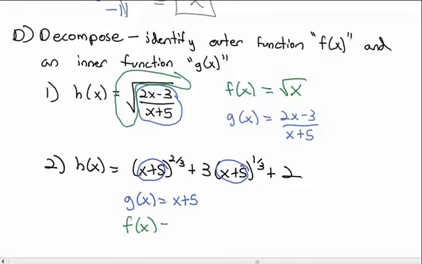F of x is the function built around it, which is the stuff raised to the 2/3 power. So we say x to the 2/3 power. Plus 3 times the stuff to the 1/3 power. Plus 2.